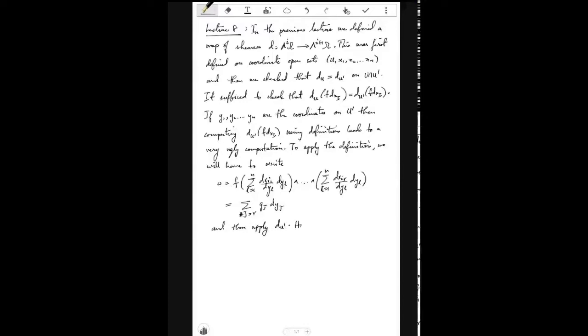However, we avoided this computation by checking that dU and dU prime satisfy two properties.